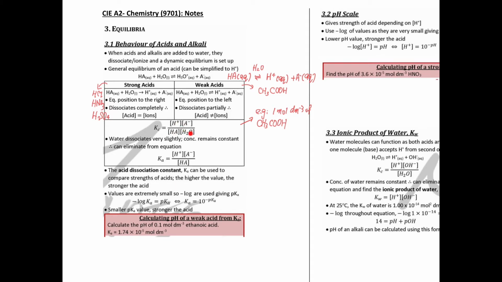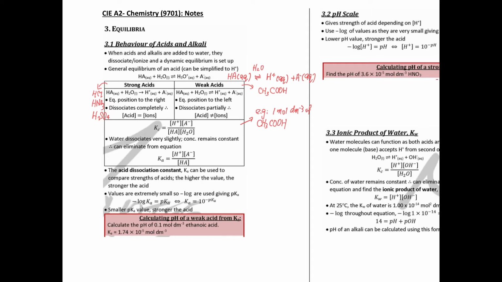What they said here is that water dissociates very slightly. It changes a little bit to H plus and OH minus, just for your information. Because it dissociates very slightly, the concentration of H2O remains constant.